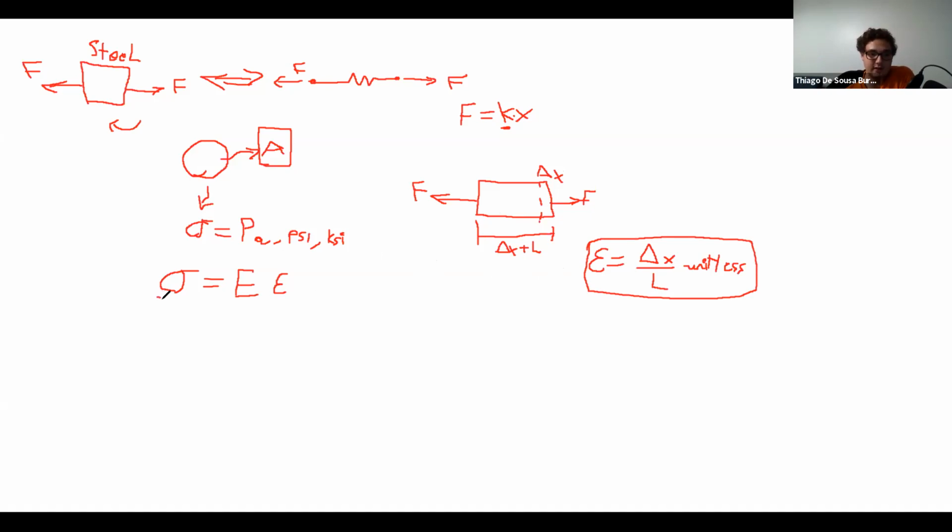But in any case, the strain is unitless. It's just taking into account how much I deformed based on a certain force. So with this statement now, we can tell that this is linear. So if I were to plot this, this is sigma. It would look something like this. What would the slope be?